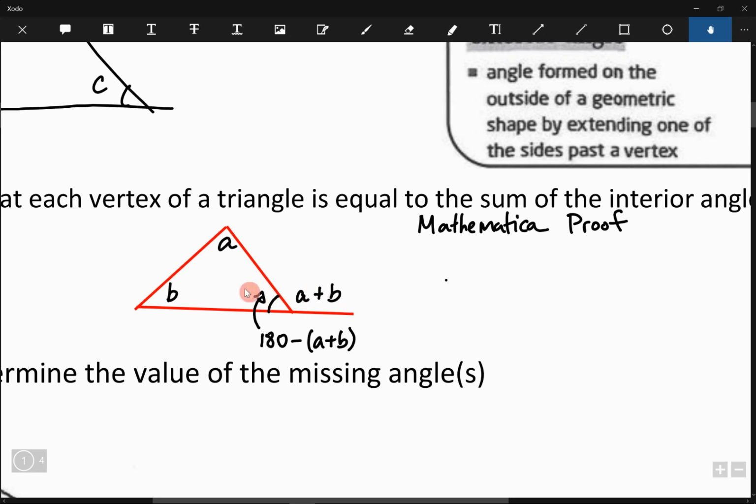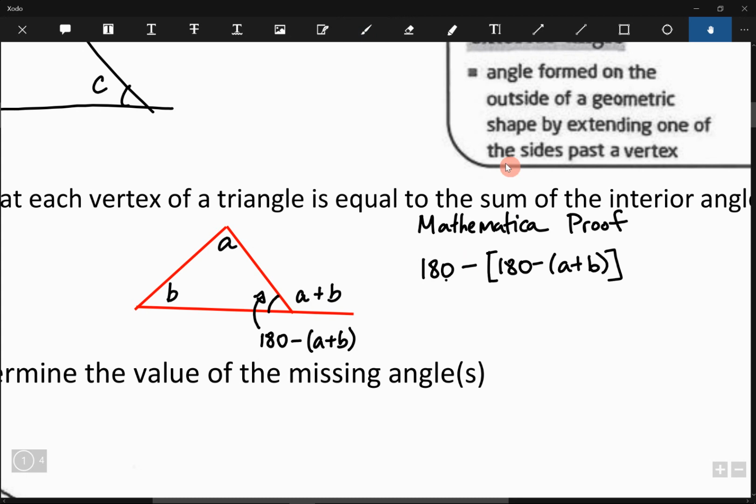Well, if I use supplementary angles, meaning the angle inside here plus the exterior angle have to add up to 180 degrees, then I take 180 degrees and subtract the angle on the inside, which we have written here: 180 minus (A plus B). Then I do a little simplification.